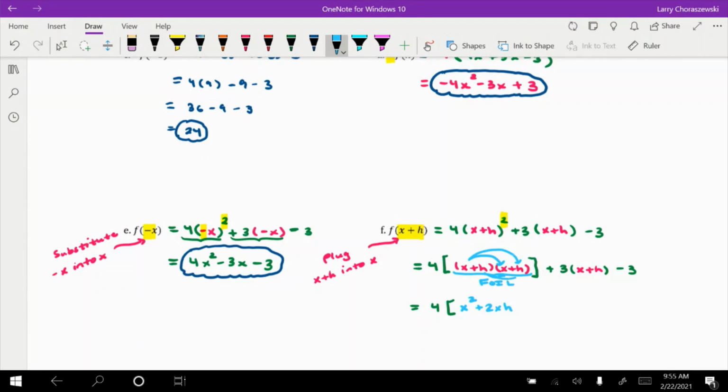And last but not least, we have the h times h to give us h squared. And is anybody wondering WTH about what I got? All right, just messing with you about the WTH. But are we lined up with x squared plus 2xh plus h squared?